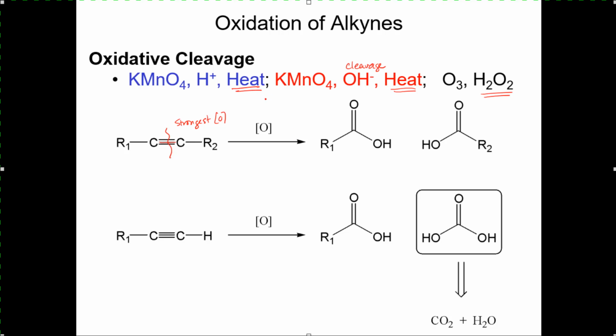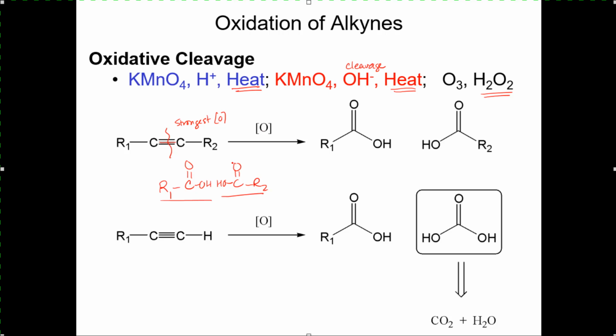So in terms of using these super strong oxidizing conditions to cleave the triple bond completely, if you think about our process from before, what I would do is replace the carbon-carbon triple bond with two carbon-oxygen double bonds. And because there's no aldehyde or ketone formed, each one of those would then simply become a carboxylic acid.